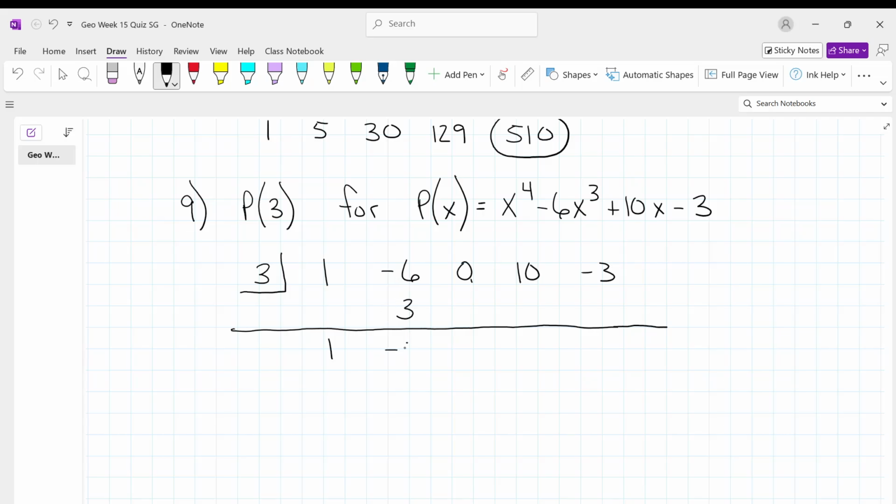Negative 6 plus 3 is negative 3. And 3 times negative 3 is negative 9. 0 plus negative 9 is negative 9. 3 times negative 9 is negative 27. 10 plus negative 27 is negative 17. 3 times negative 17 is negative 51. And negative 3 plus negative 51 is negative 54.